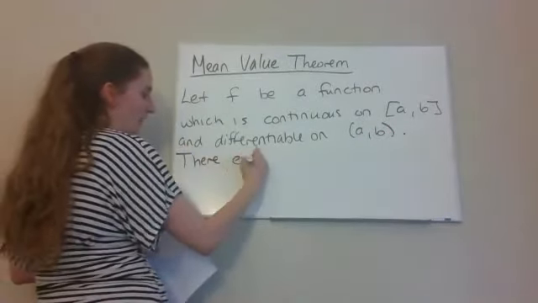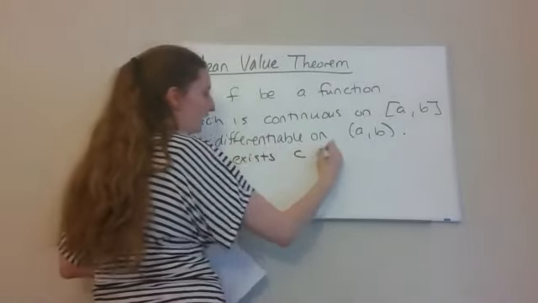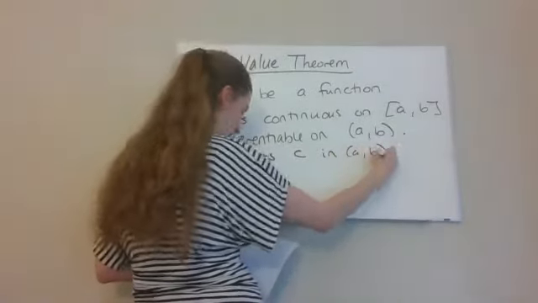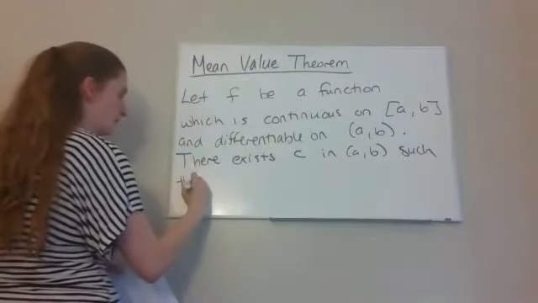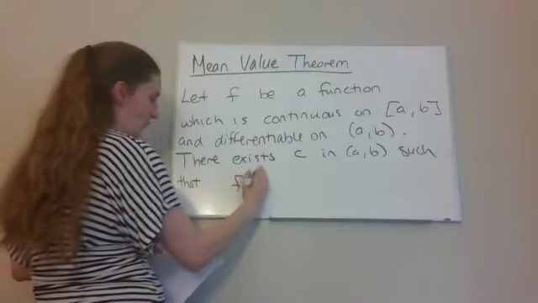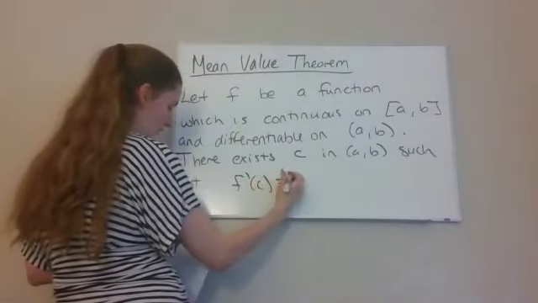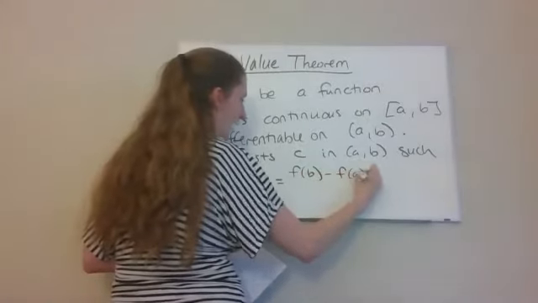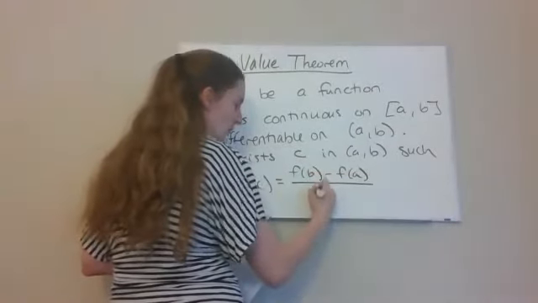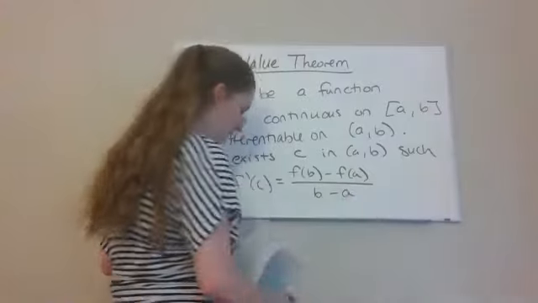Then there exists a c in our interval a, b such that f prime of c is equal to f of b minus f of a over b minus a.